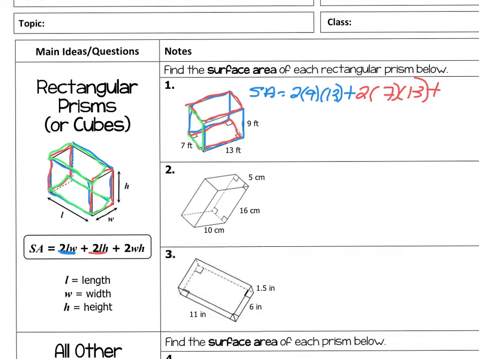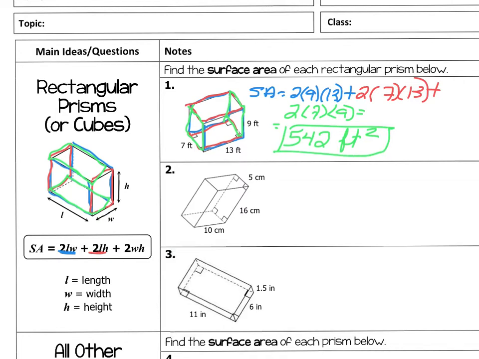So this side here, it's going to be 7 by 9. So 2 times 7 by 9. So you do all those together and you add them all up and you end up with 542 feet squared.